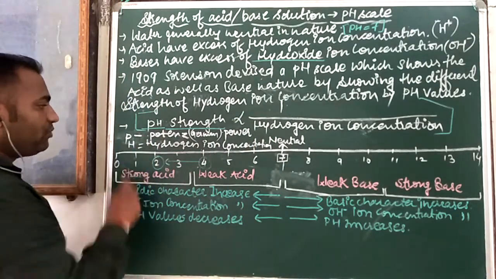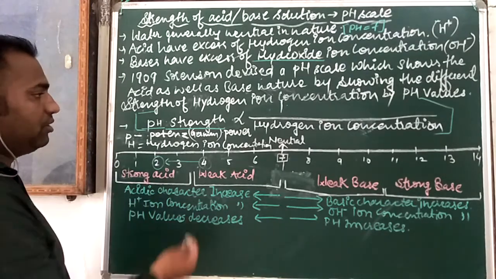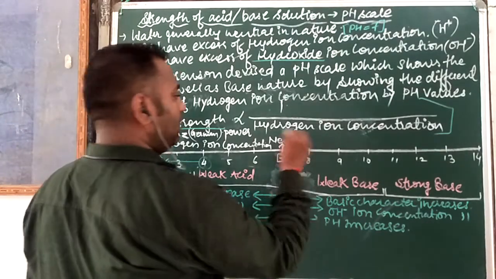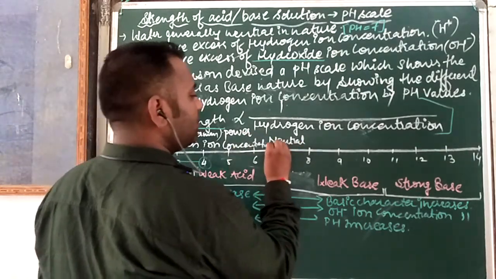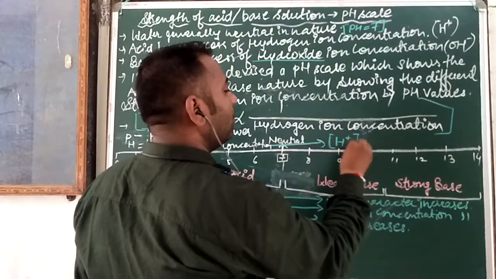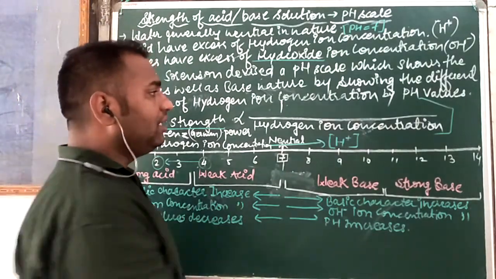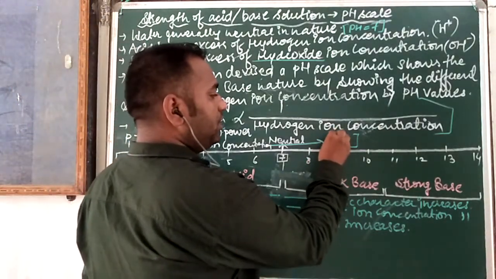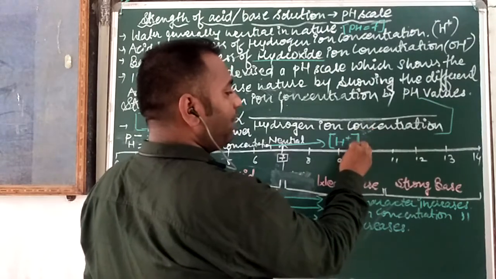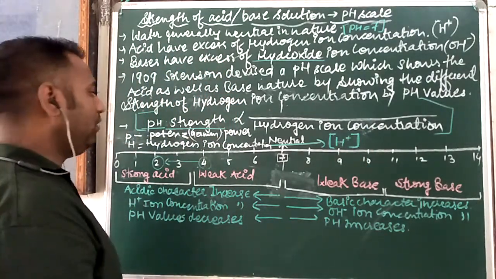So next, what is the meaning of this potence? We also write this as pH, in the form of H plus, which means the hydrogen ion, and this square bracket shows the concentration of hydrogen ion.